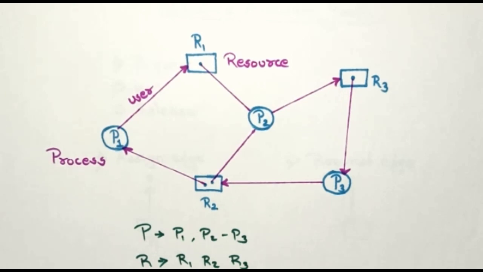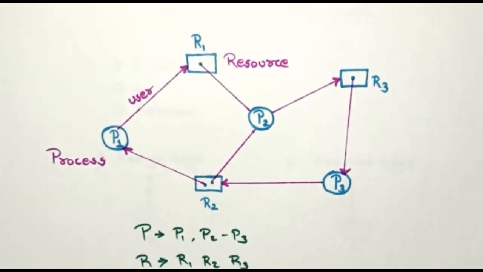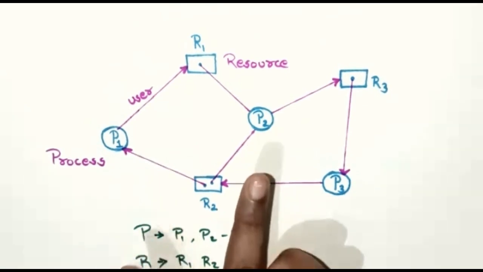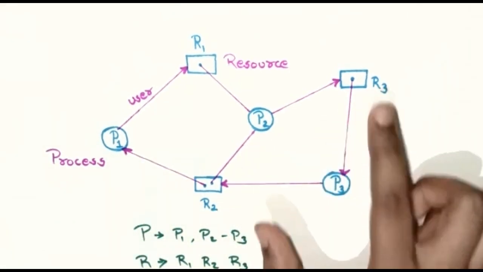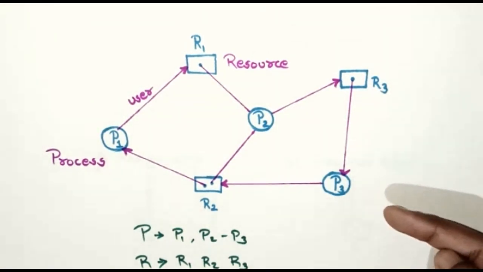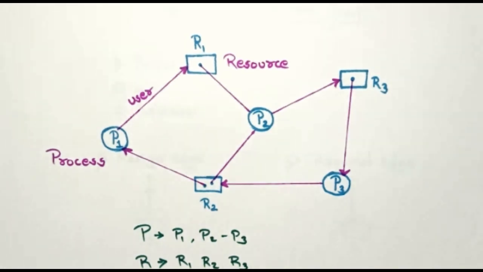Okay, now here first P1 has a request to R1. An instance of R1 is held by P2. This P2 process then sends a request to R3, and P3 is holding its resource.